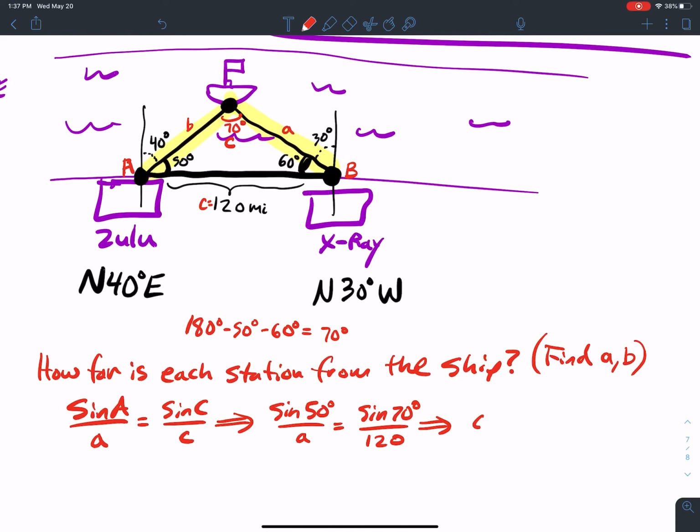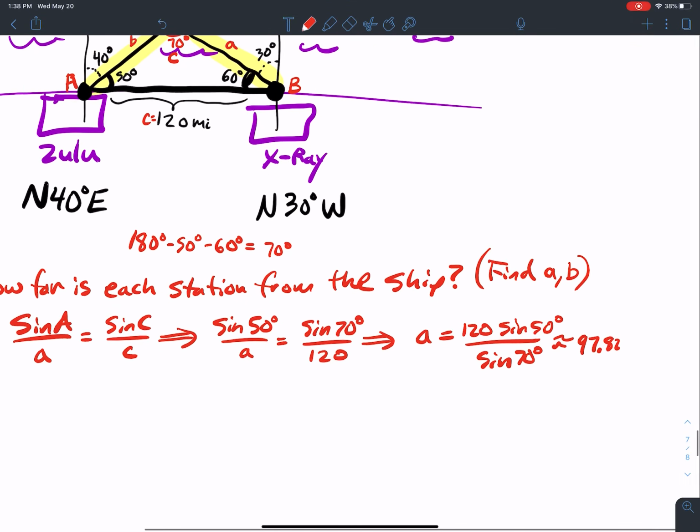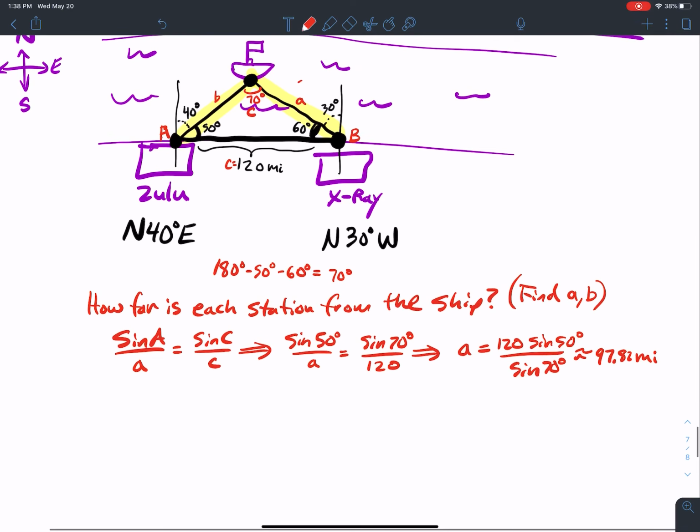So that gets me a equals 120 sine 50 degrees over sine 70 degrees. If I type that in my calculator, I get 97.82. So that's how many miles it is here.